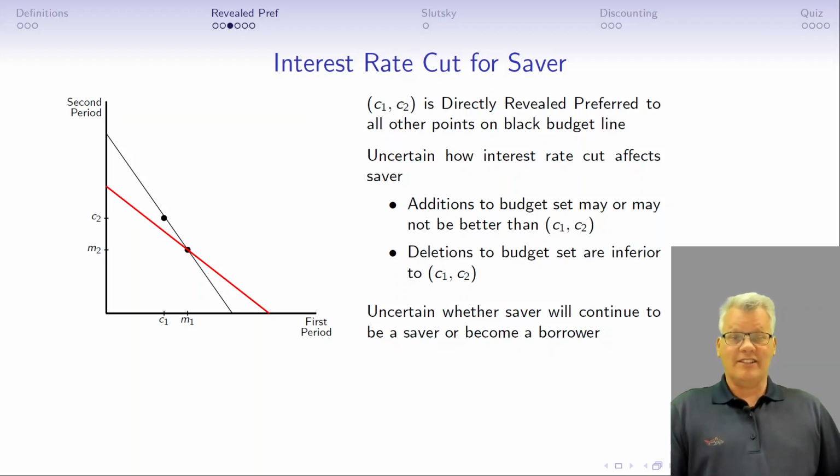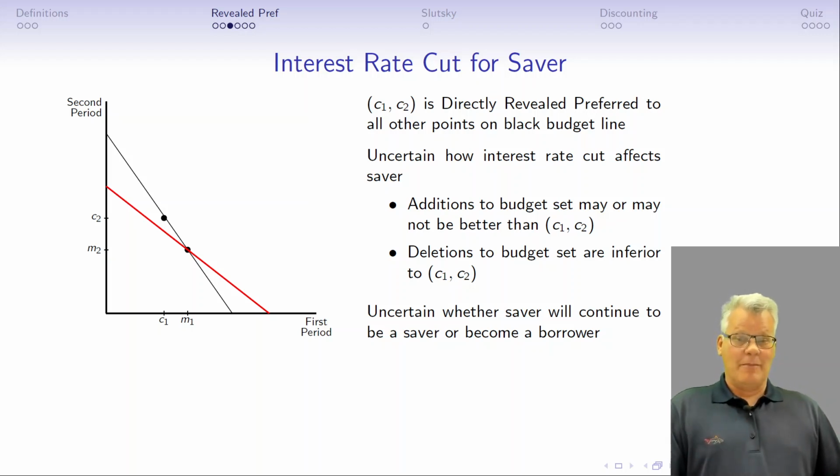Those would be points where the saver would have to become a borrower. And we don't know whether those are better points or worse points. So that contributes to the uncertainty, right?